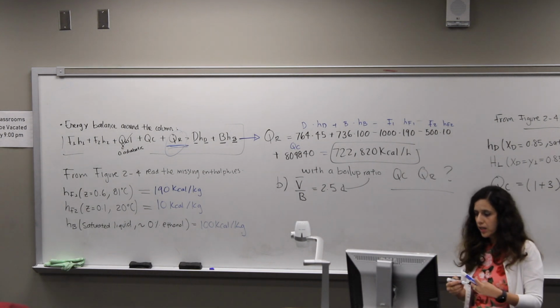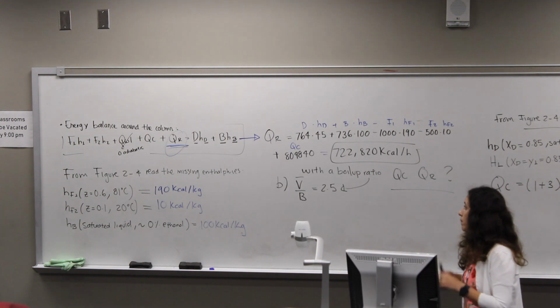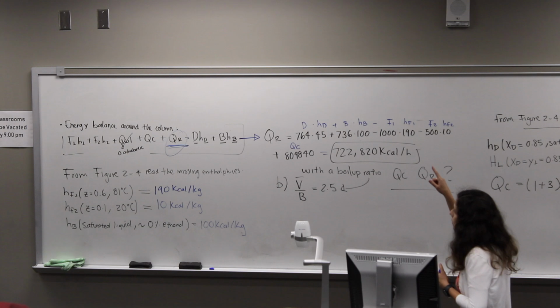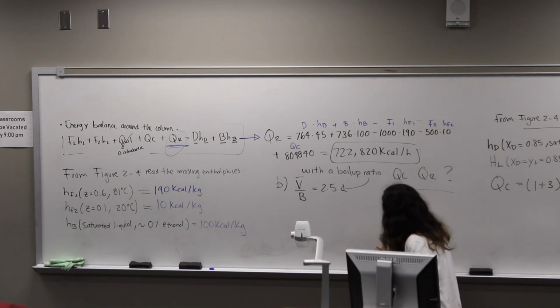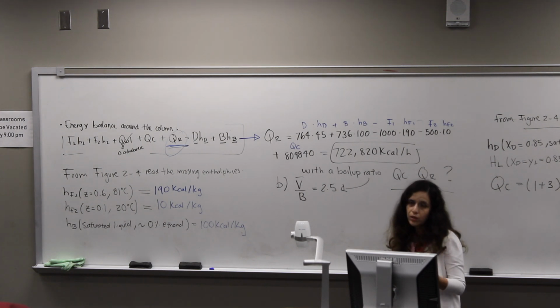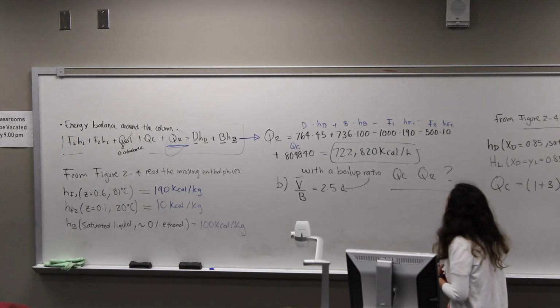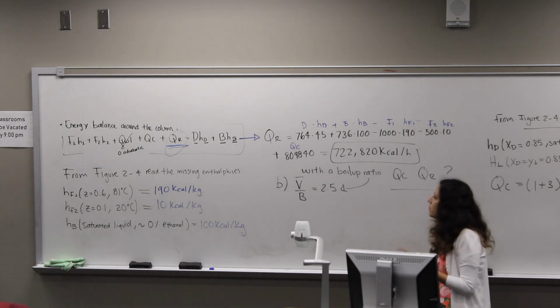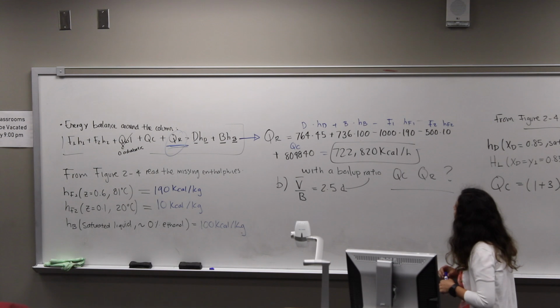That's the main idea that I wanted to visualize with this problem: by changing these very important amounts, the L over D ratio at the top of the column and also the boil-up at the bottom of the column, you can change those heat requirements. And your job would be to minimize them because that's cost, right? Or maybe look into your process for which stream might be hot enough to provide that, and make it more economically feasible.